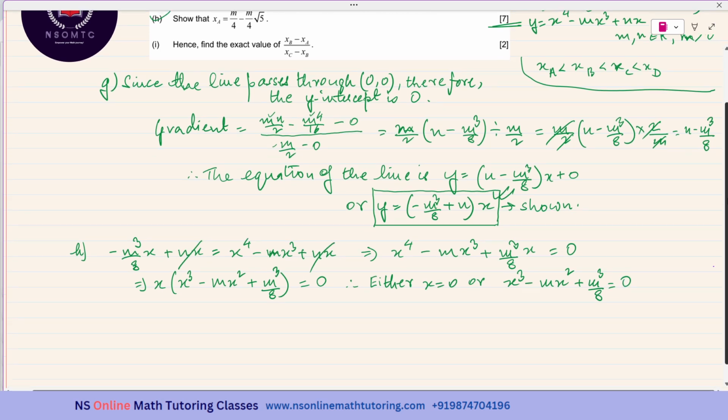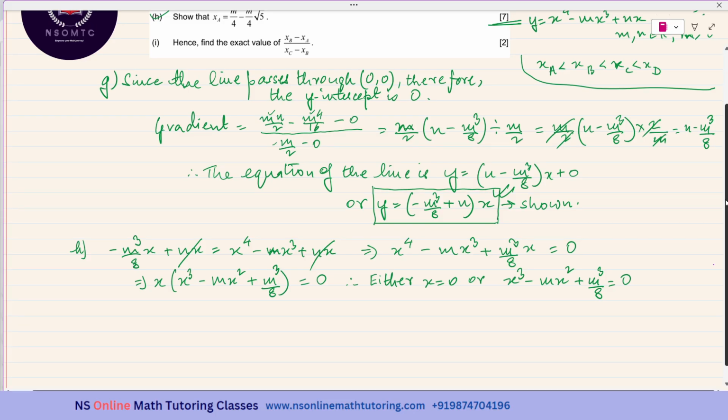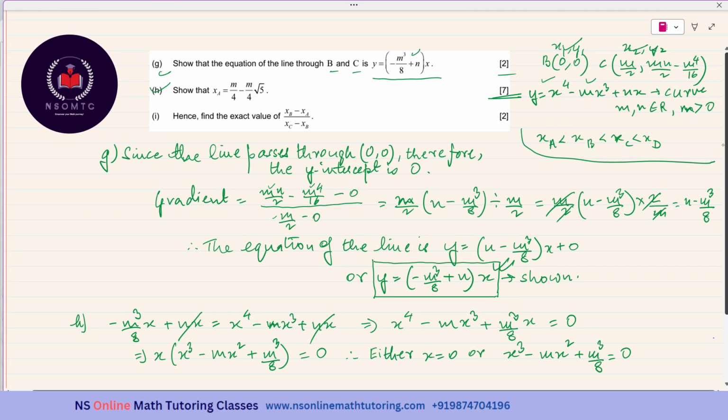Okay. And I have to somehow bring the degree down to quadratic, means 2. How can I do that? I know the x coordinate of the point C. So that will be this one, m over 2. This is the x coordinate of the point C.